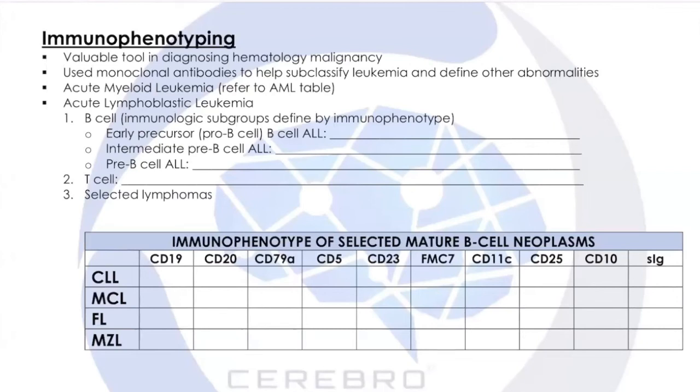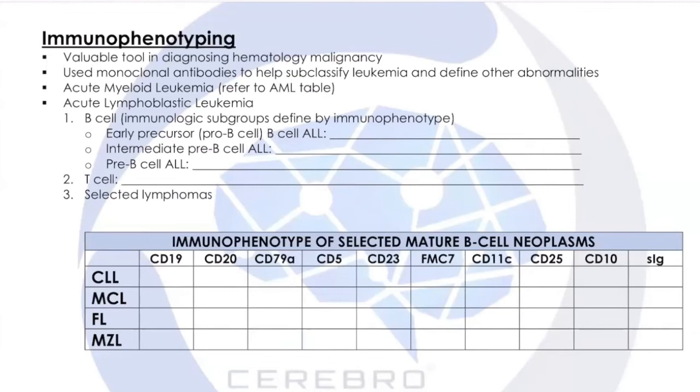Okay, so for our acute myeloid leukemia, we are already done with this topic, and I think I already have emphasized what are the different CD markers that are present for a certain type of AML. Now, for our acute lymphoblastic leukemia, of course that would depend on what lymphocyte population is affected.